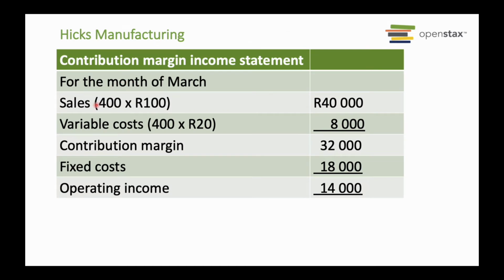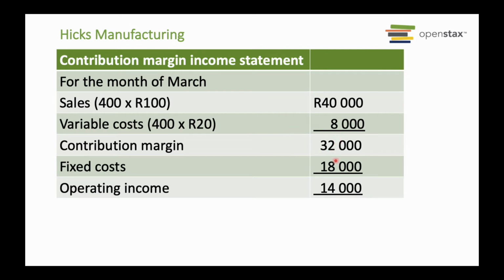Hicks sold 400 units in March, so the total sales will be 400 times 100 Rand less variable costs, 400 units times 20 Rand per unit. Total variable costs will be 8,000 Rand. Sales minus variable costs is equal to contribution margin.